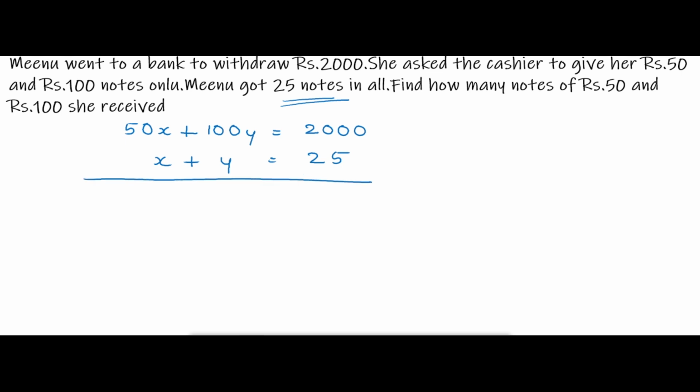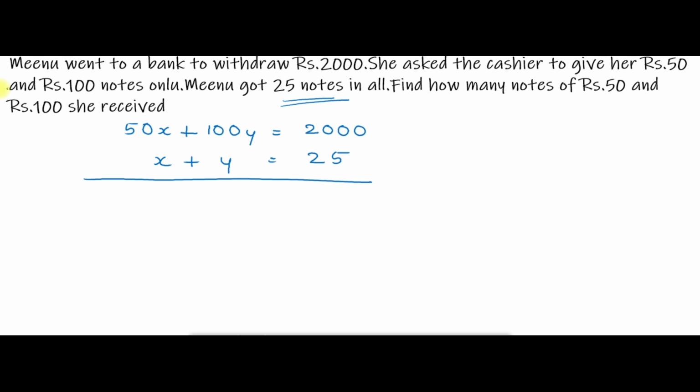So I have formed an equation based upon her withdrawal as 50x plus 100y is equal to 2000 and she got 25 notes in all. So I can form the second equation as x plus y equal to 25. Now solving these equations. Here terms are different. So I have to first multiply the second equation with 50.